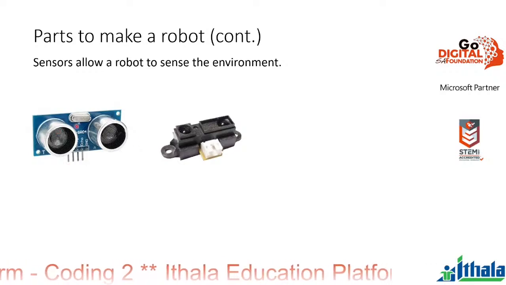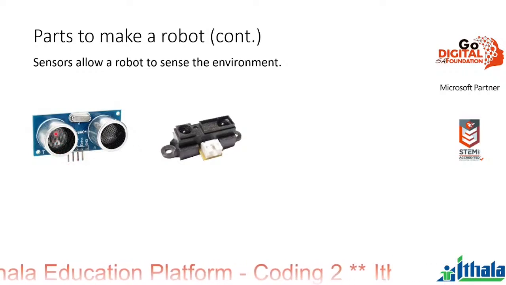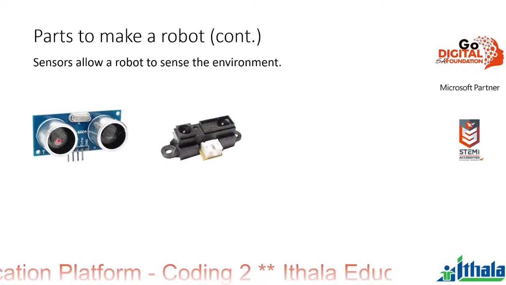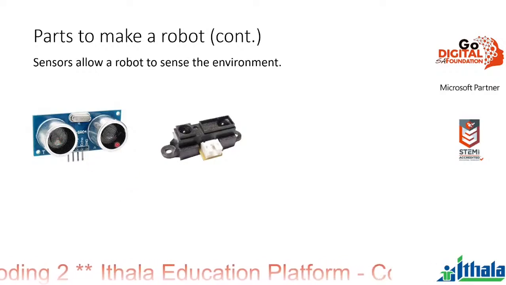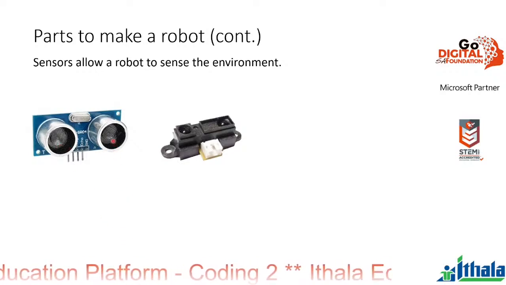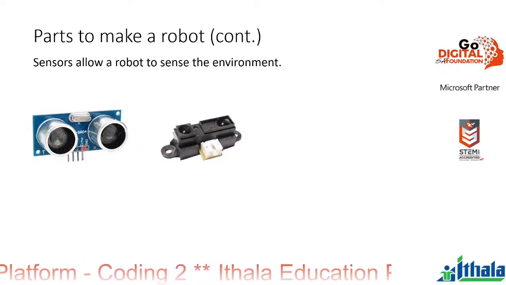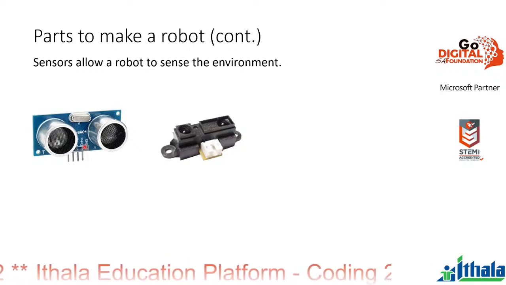So this is a distance sensor. It's an ultrasonic sensor. It's got one side that transmits an ultrasonic signal, and another side that collects that signal. Depending on how long it takes for the signal to bounce off of something, that tells the robot how far away something is from the sensor.